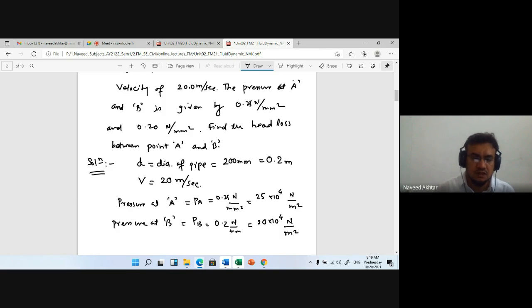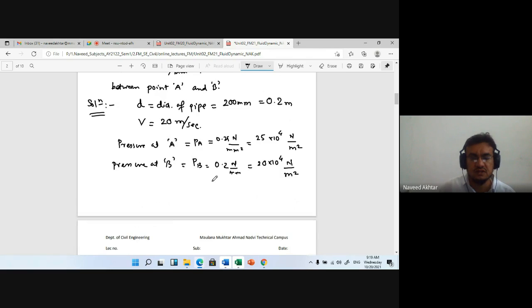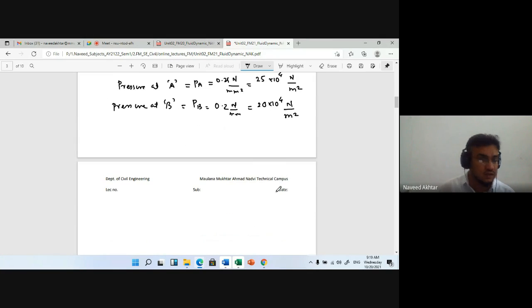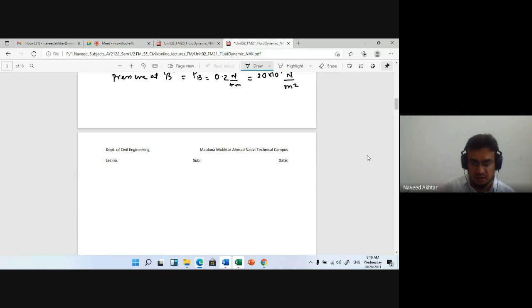If given in mm, convert to meter, or if given in centimeter, convert to meter, but all the values should be in meter or in mm or in centimeter, or in Newton or in kilonewton. Then only you can multiply, deduct or divide. Otherwise your solution will be wrong.